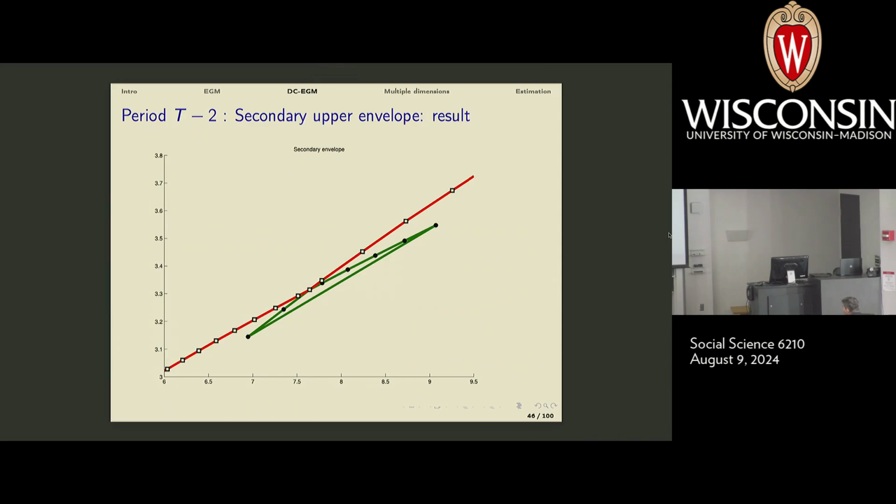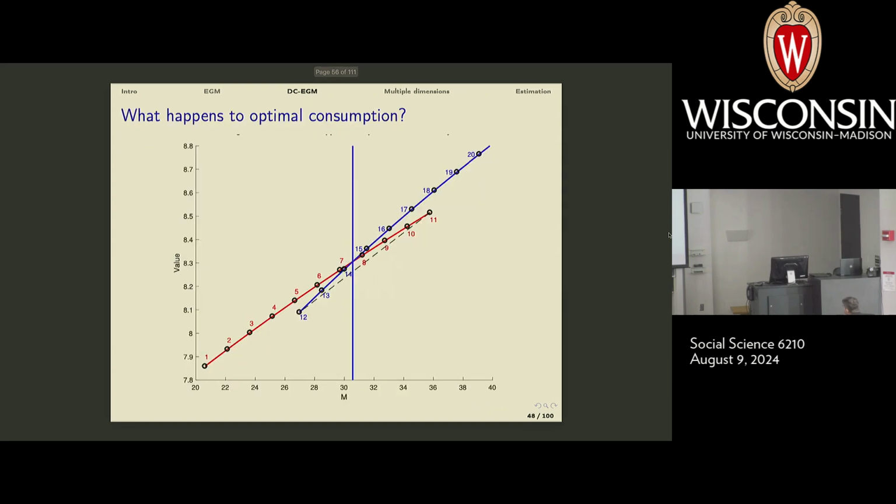Essentially, what happens is that if you call the EGM step for a monotonically increasing grid of savings, then you can actually detect the fact that the recovered endogenous wealth went back. Okay, and if you detect that kind of back bending, then you know that there will be a secondary kink in this interval between this point and this point, and then you can invoke the upper envelope procedure for that particular interval. That's the idea.